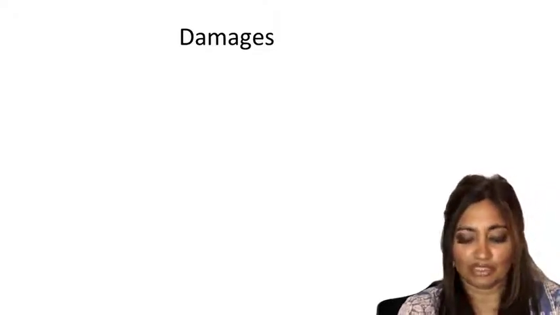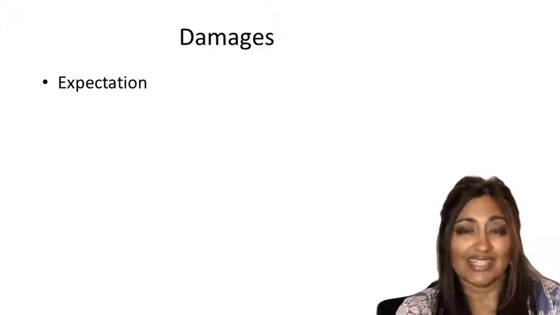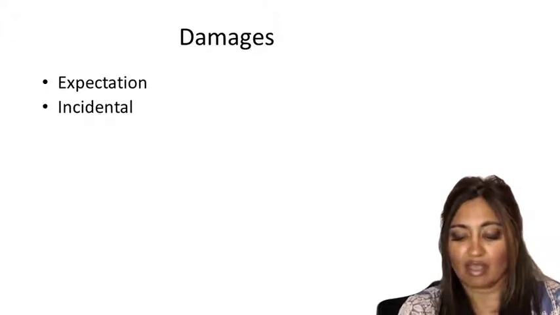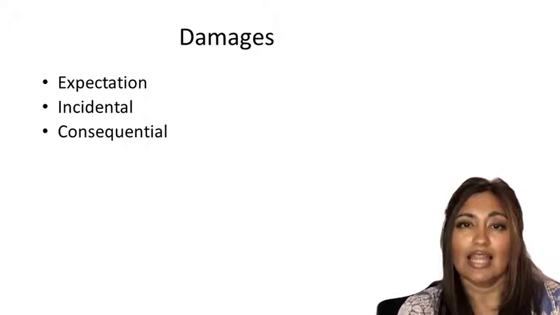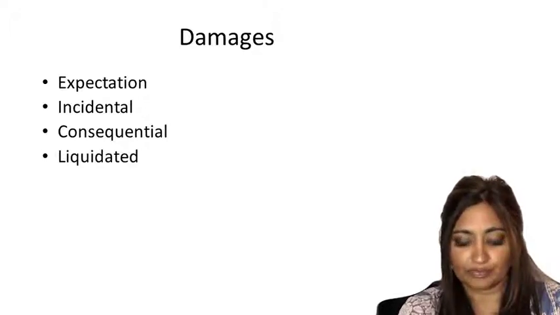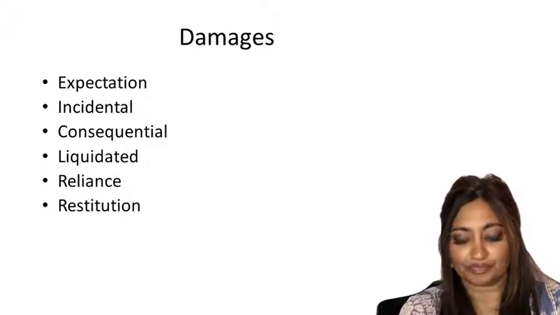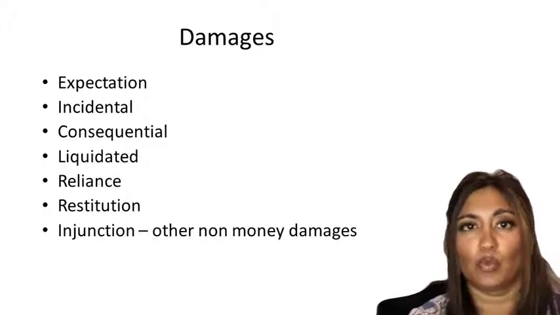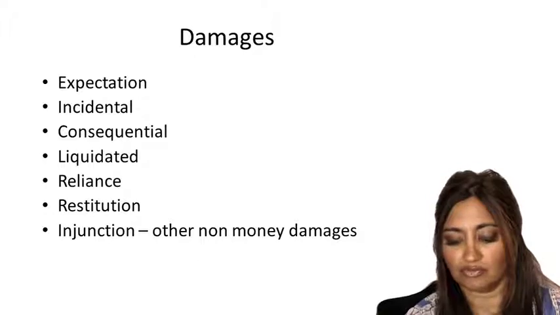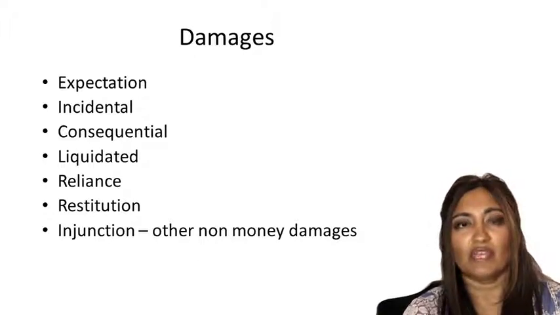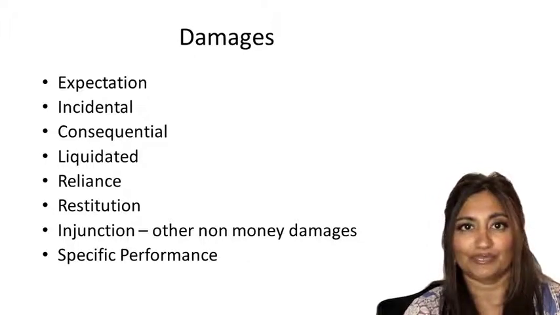So of the damages, we're going to talk about expectation damages, incidental damages, consequential damages, liquidated damages, reliance damages, restitution, injunctions, that is when monetary damages are not enough, and specific performance.